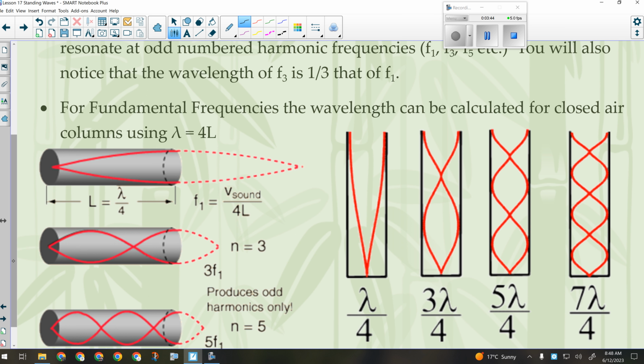Everybody with me there? Then if I lengthen the tube for that same frequency of sound, I would get another loud sound at 3/4 of a wavelength, because the antinodes are half a wavelength apart, and so on. So every half a wavelength, I get a louder sound.